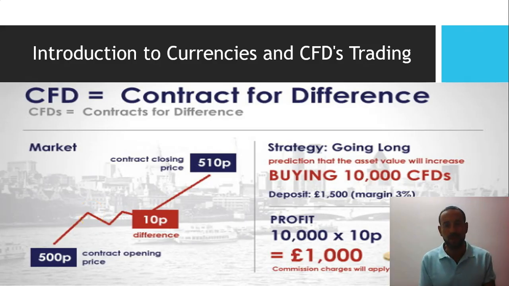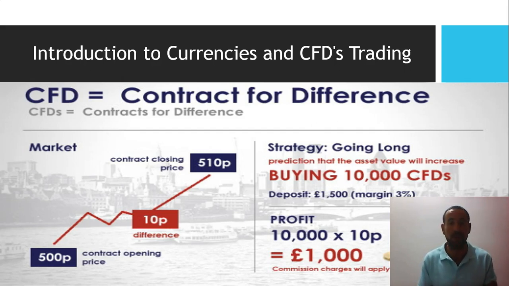So, when we talk about Forex trading, we also refer to CFDs trading. CFDs, contract for difference, is quite similar to the pricing mechanism in the currency market. However, it's a little bit different. In that sense, it mimics the price of the actual asset. Now here we don't necessarily talk about currencies.